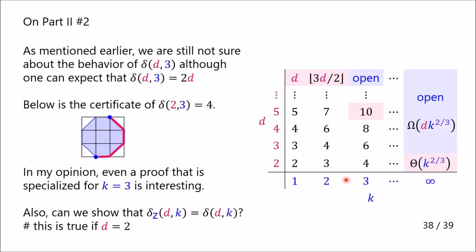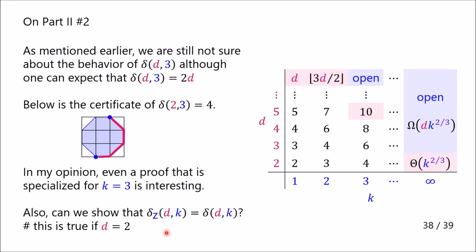Another open problem is here. As mentioned earlier, we are still not sure about the behavior of delta d3 when k is 3, although one can expect that it is 2 times d from this column. In my opinion, even a proof that is specialized for this case is interesting.